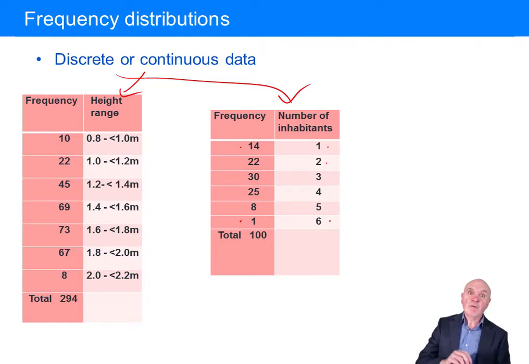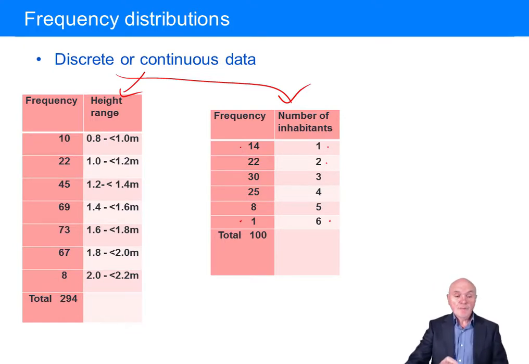There might be somebody who's 0.837 meters high. And because it's continuous, again, depending on how accurately you take the readings, there's an awful lot of heights where nobody's going to figure. But basically we want to know, who's in this range of meters tall, who's in that range of meters tall, and you group the data together.